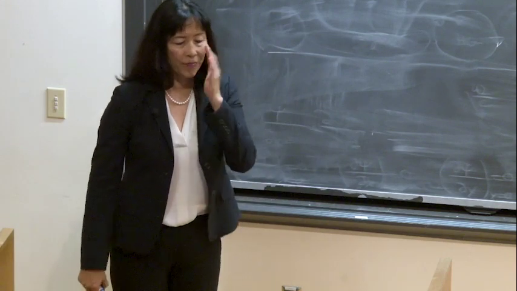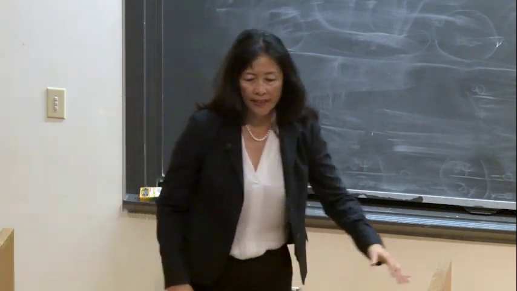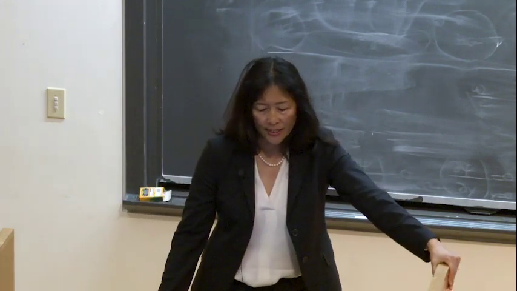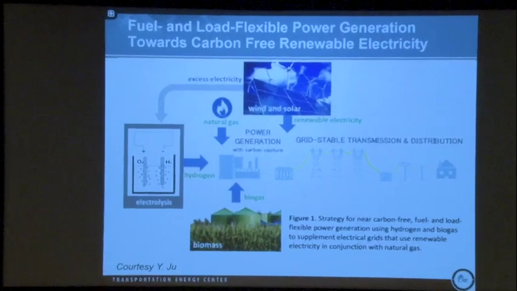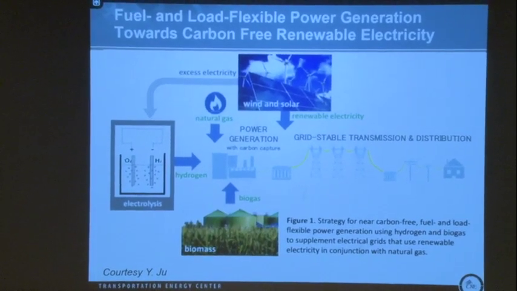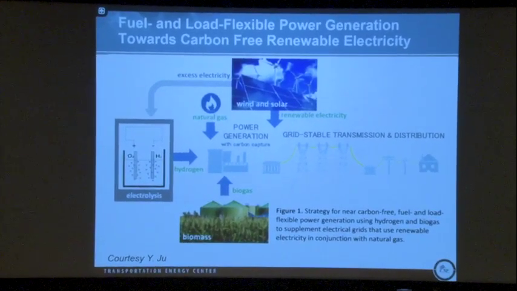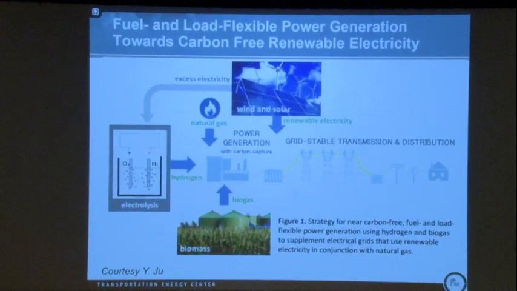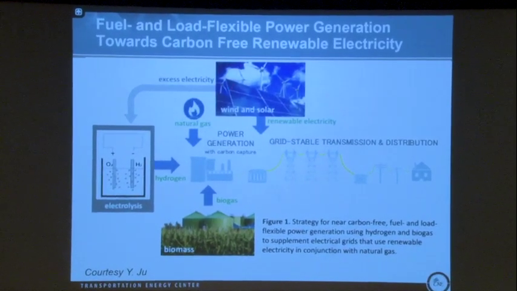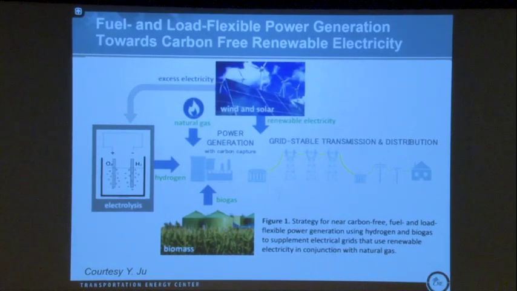So regarding power generation, there's also a move towards being able to have flexibility both in terms of fuel types as well as the varying load that is encountered, especially in the face of intermittent renewable energy supply and demand.